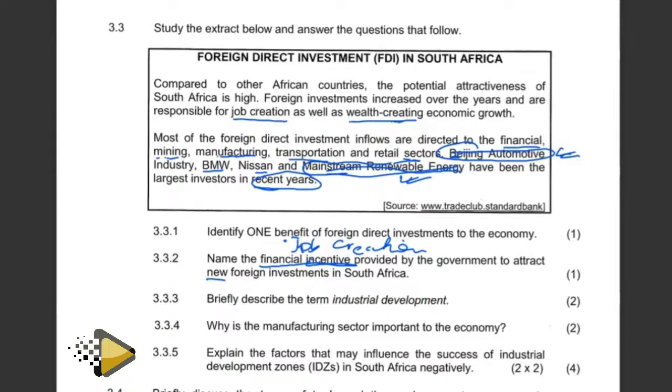What they are going to say is that they charge them less tax, and they are also going to give subsidies.